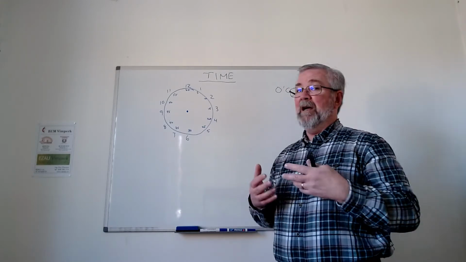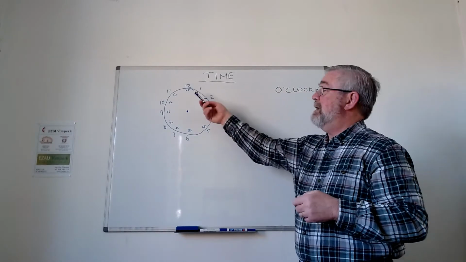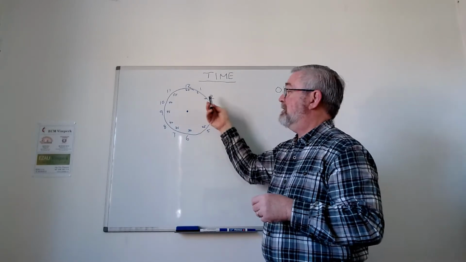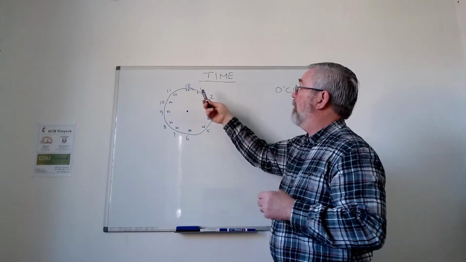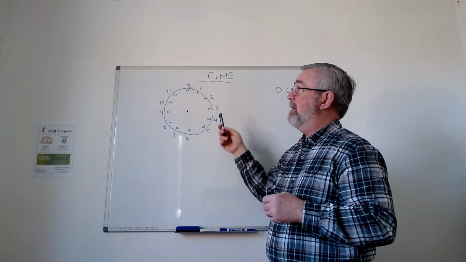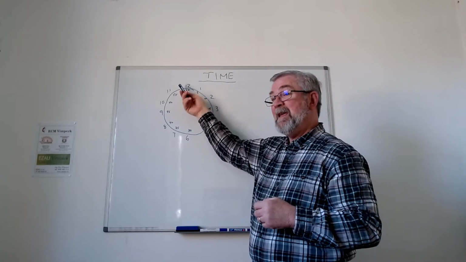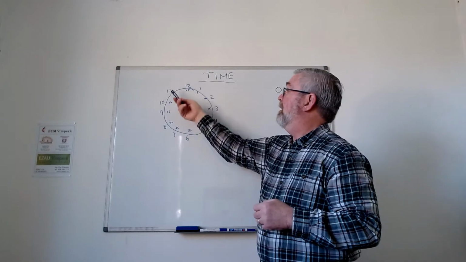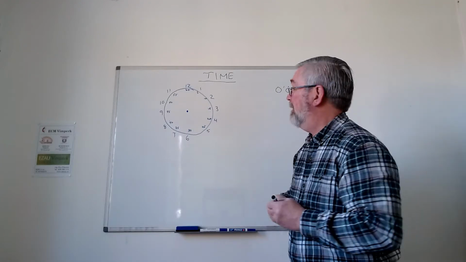And so time in English, we usually use just the standard 12, and then it would be like 1 a.m., 2 a.m., 3 a.m., all the way to 11 a.m., and then it would change to 12 p.m., 1 p.m., 2 p.m., 3 p.m., 4 p.m., to 11 p.m., then it changes to 12 a.m., okay?